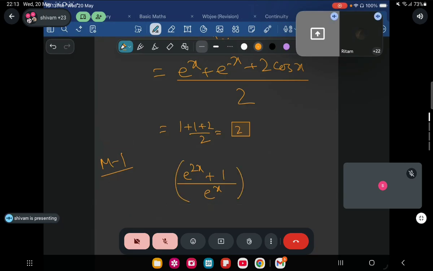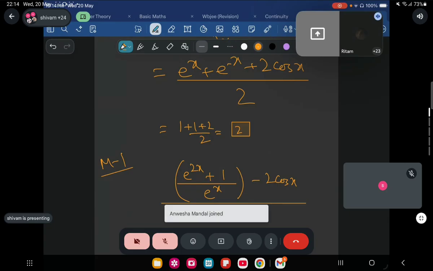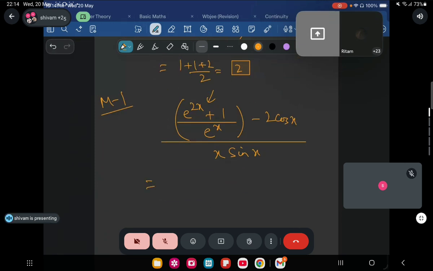So in order to make it minus, we need to subtract and add, and then 2 cos x divided by x sin x. Then in order to make it e to the power x minus 1 form, we subtract and then add, and then follow using standard forms over here.